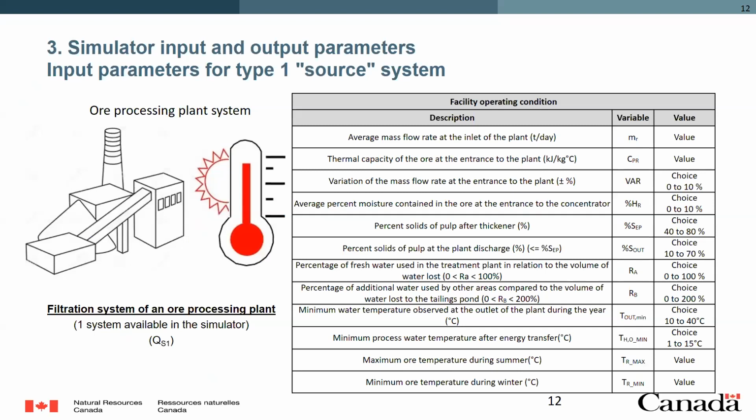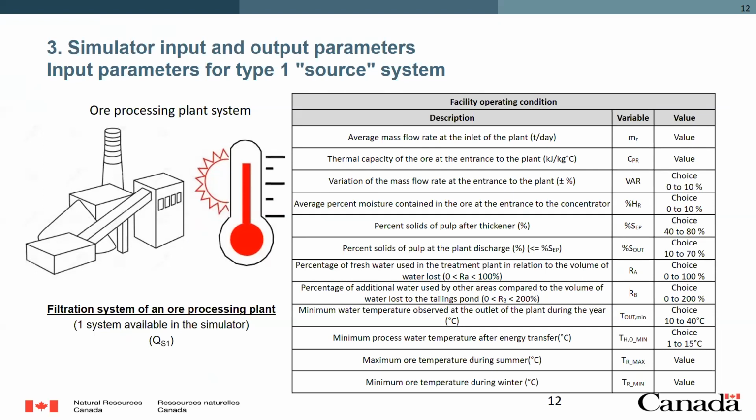So now let's go into the input parameters. For the type 1 source, which are basically the filtration systems of a processing plant, the first few parameters relate to the mass flow rate and the rock properties of the average flow rate of the plant.